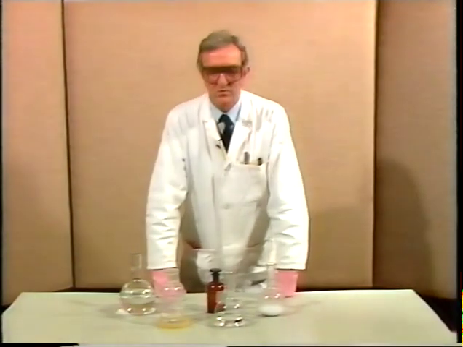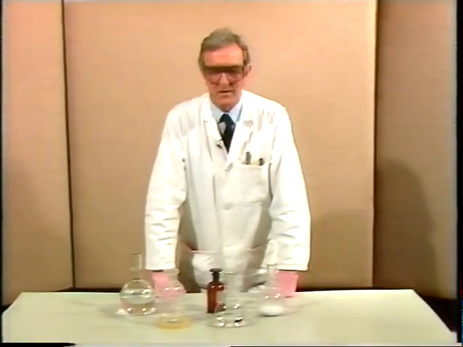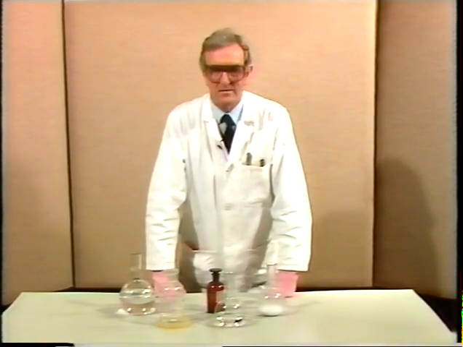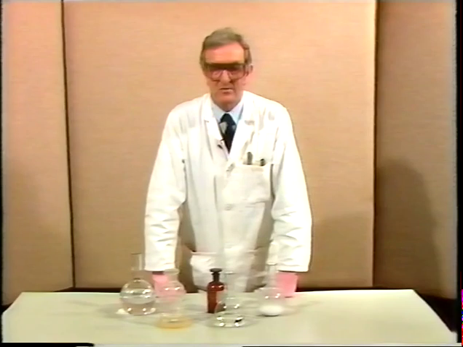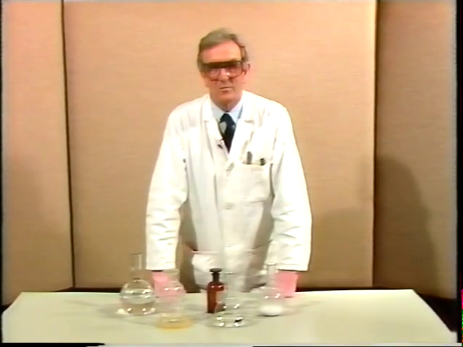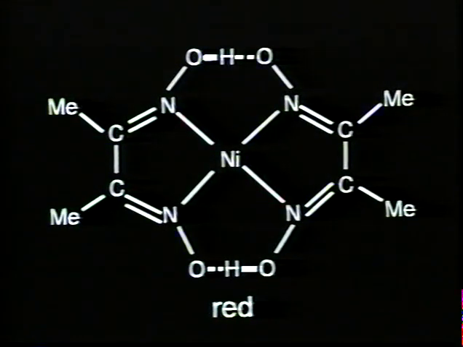We've seen octahedral complexes, tetrahedral complexes, and linear complexes. And the only other common shape is square planar. And square planar complexes occur with metal ions of configuration D8, and that is nickel 2+.